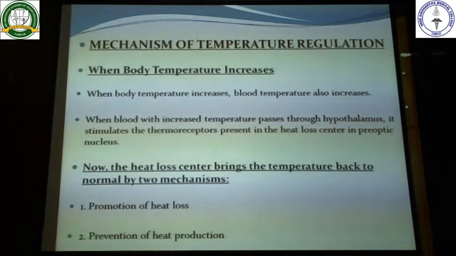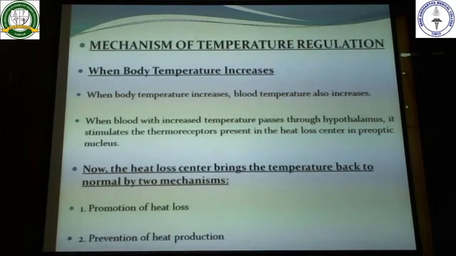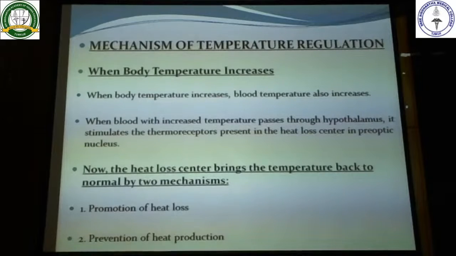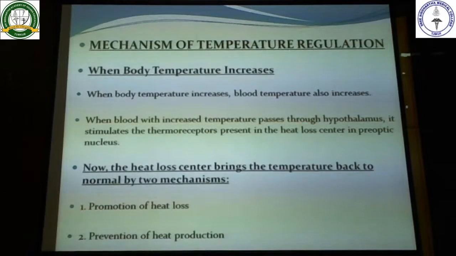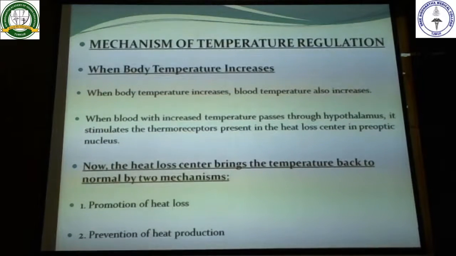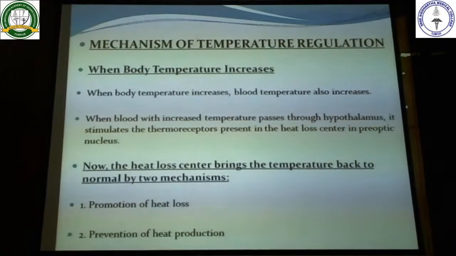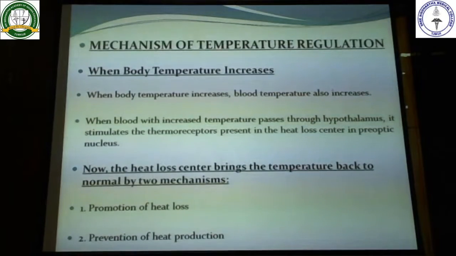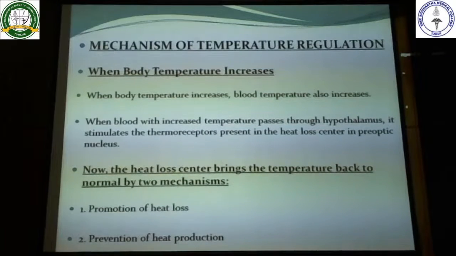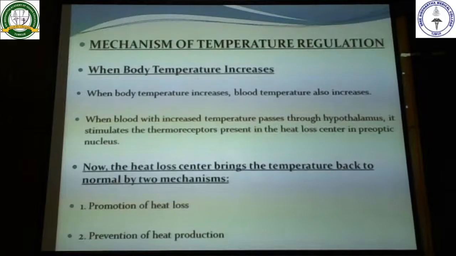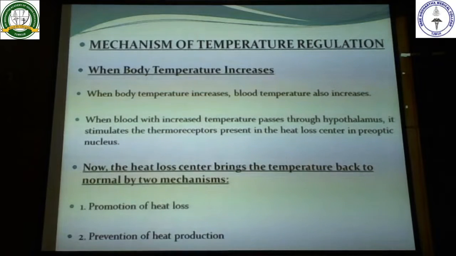At the same time heat production is also reduced, because you want to bring back the temperature from the higher temperature to the normal temperature. So here two things need to be done. One is that the excess heat has to be removed from the body, and second, the production of heat also has to be reduced. Then only will the body temperature be brought back to normal.